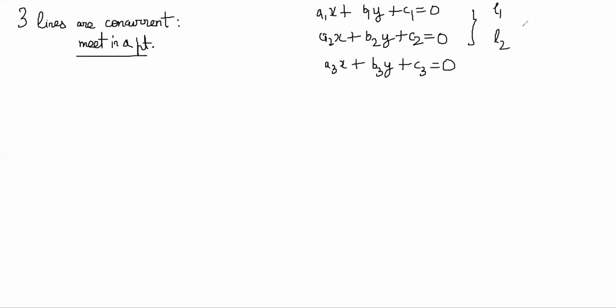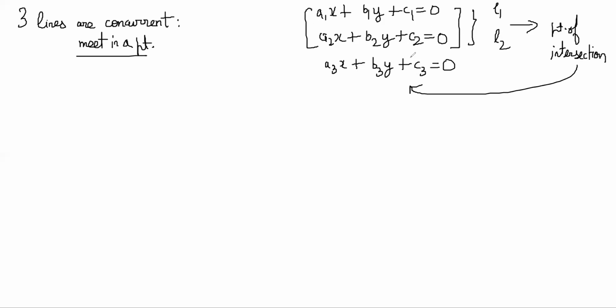L1 and L2 you can solve and get the point of intersection, right? That point of intersection should lie on L3. So the point of intersection that we found in the previous case, just take that point and you can put it on the third equation, and that should satisfy, right?